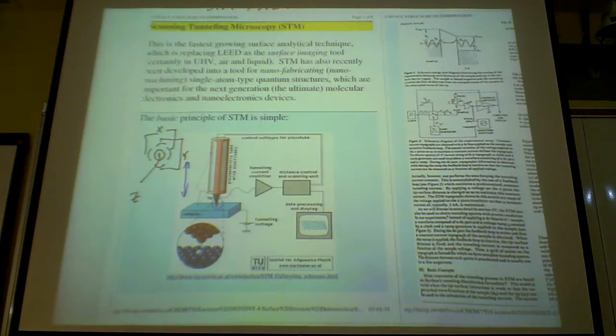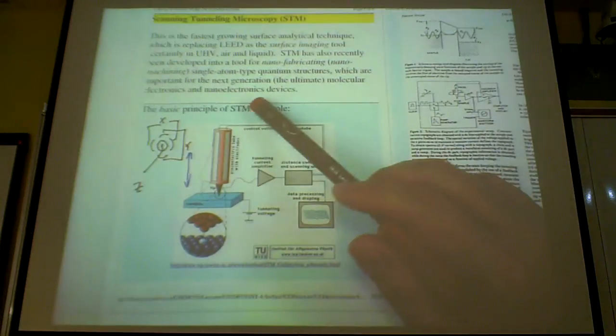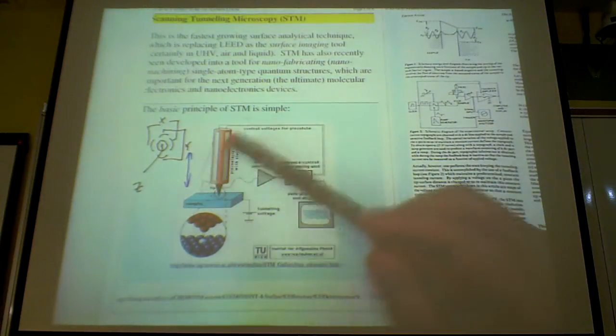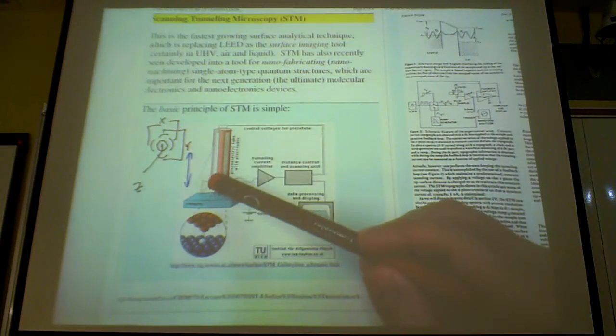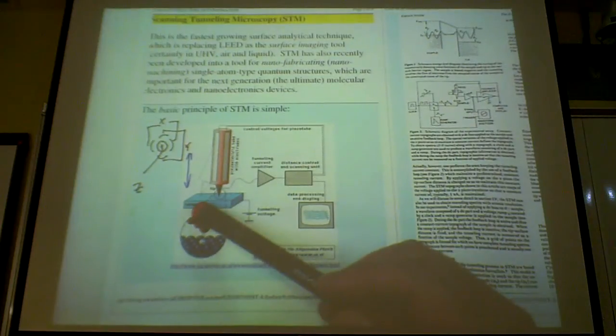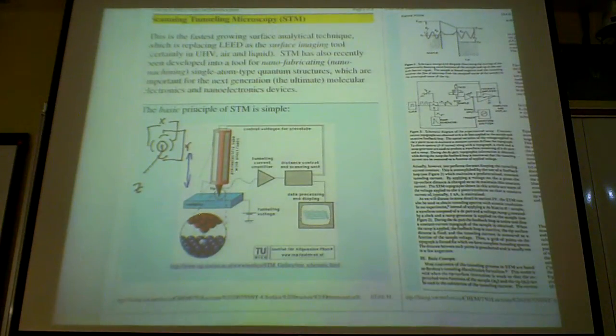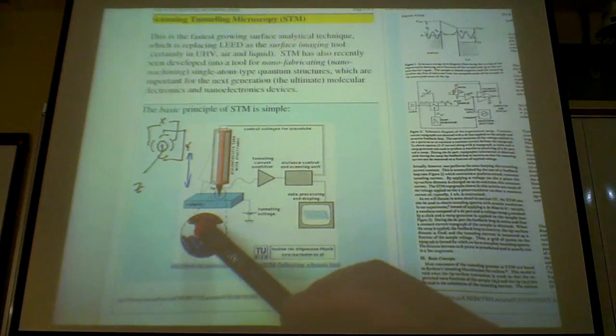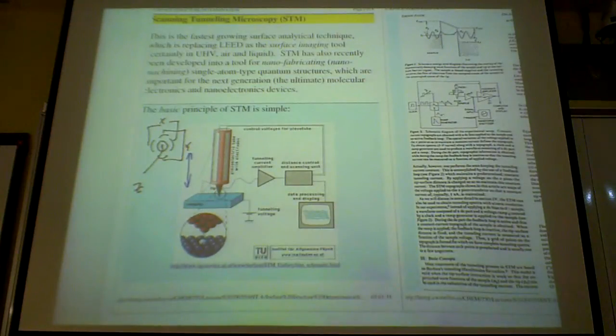Okay, so typically in a scanning tunneling microscope, what you've got is a tip, right? And we'll talk a little bit about the tip. The tip is something that you try to make as sharp as possible, preferably with one atom at the apex of this tip.